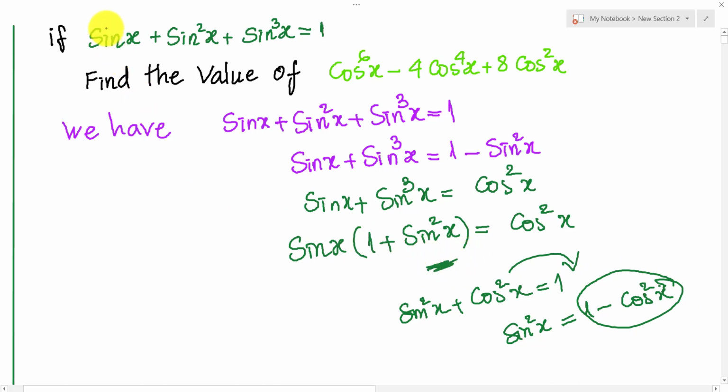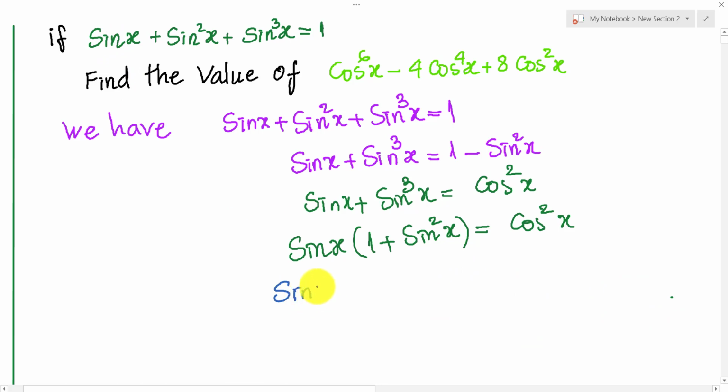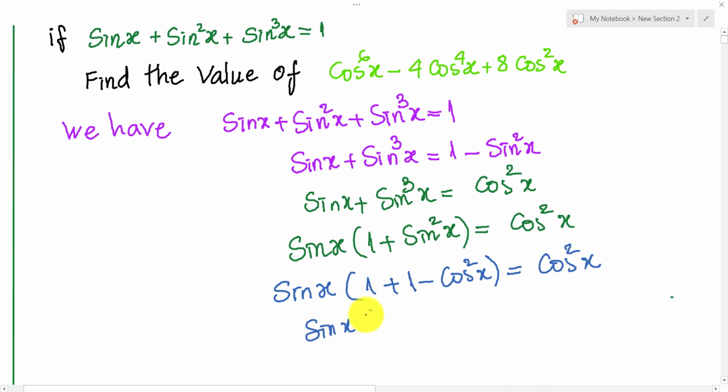So we get sine of x times 1 plus 1 minus cosine square of x equals cosine square of x. So sine of x times 2 minus cosine square of x equals cosine square of x.